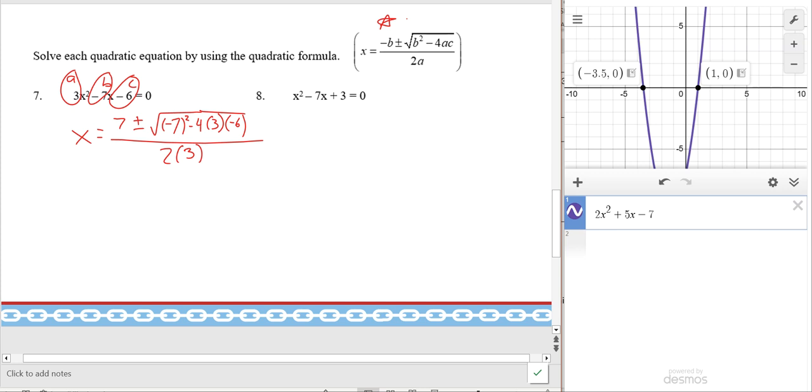All right, so I substituted everything in. I'm going to have a 6 as a denominator, and then I'm just going to start slowly working away at order of operations.